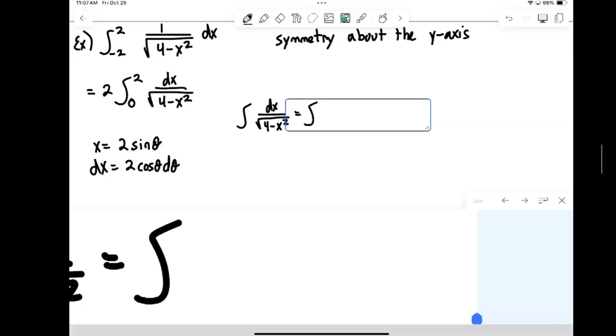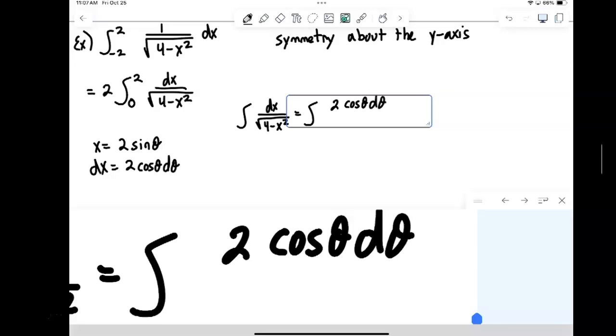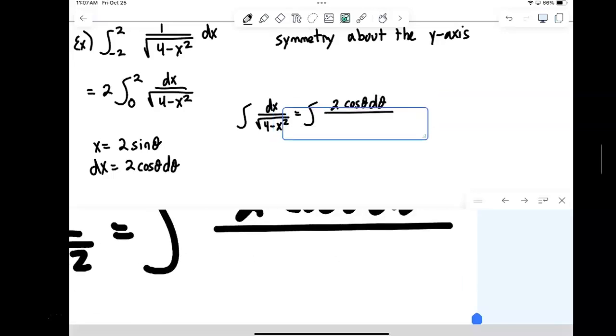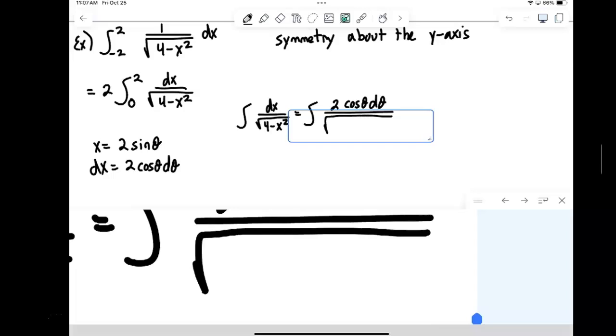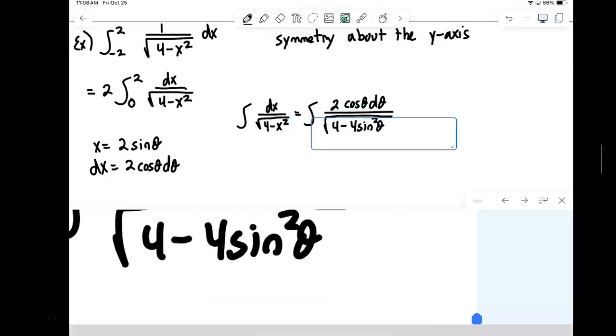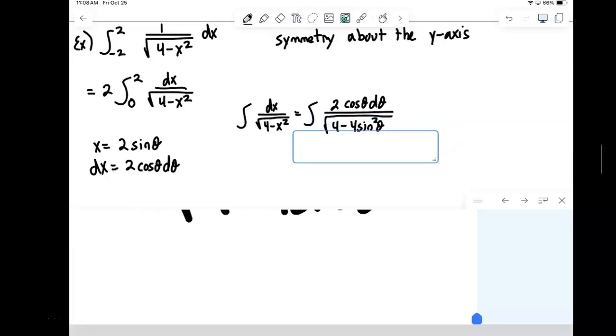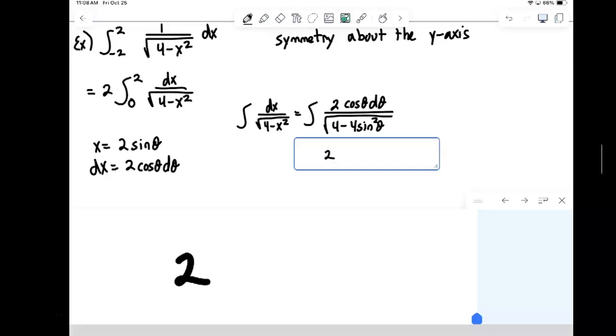So dx becomes 2 cosine theta d theta over the square root of 4 minus 4 sine squared theta. The 4 would factor out, the square root of that 4 would be a 2, and then you'd have 1 minus sine squared. Well, 1 minus sine squared is cosine squared, and the square root of cosine squared is just cosine.